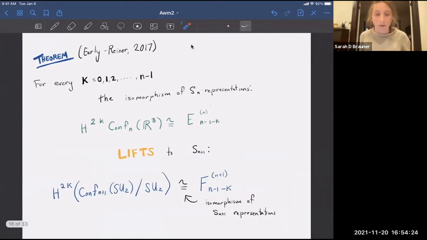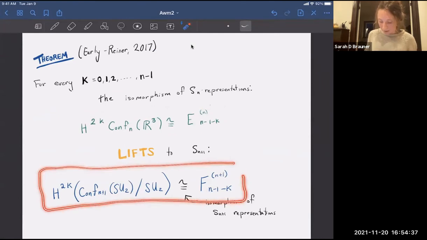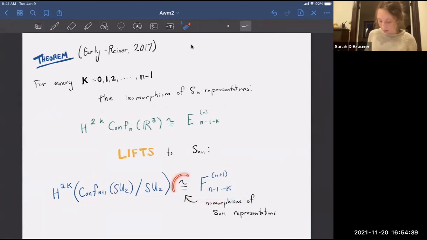And the theorem by Early and Reiner is that this lift exactly describes the Whitehouse representation. So here we started with our Sn representations. This whole thing simultaneously lifts to a representation of Sn+1. So this theorem is really about this isomorphism here.